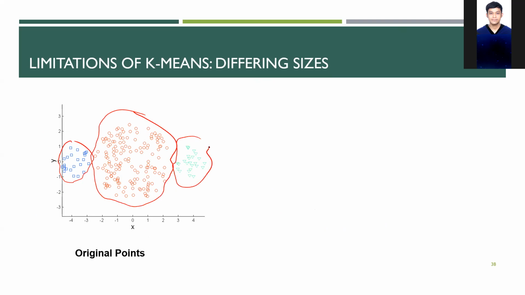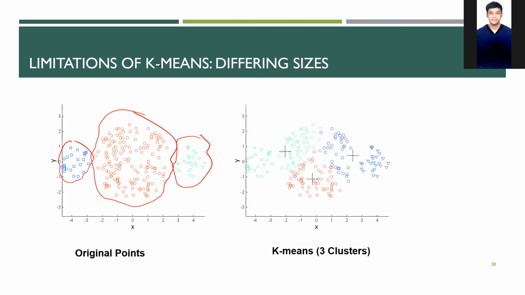This is the third cluster, a relatively small cluster. So in k-means, maybe the result is like this: 1, 2, 3. Because k-means usually prefers clusters with the same number of data points.